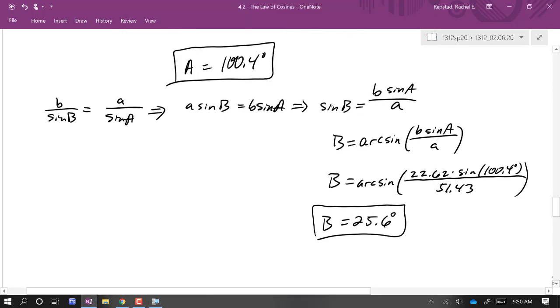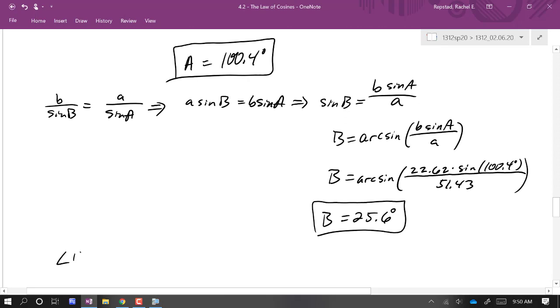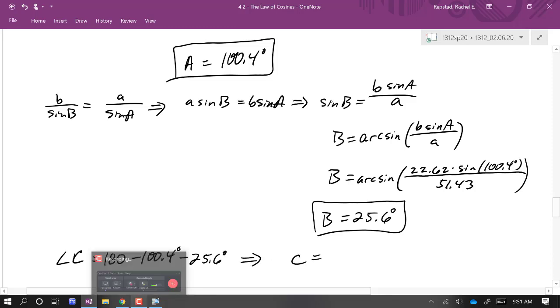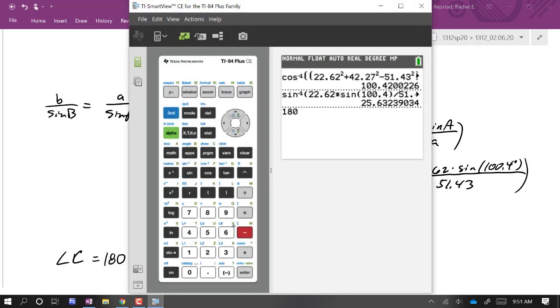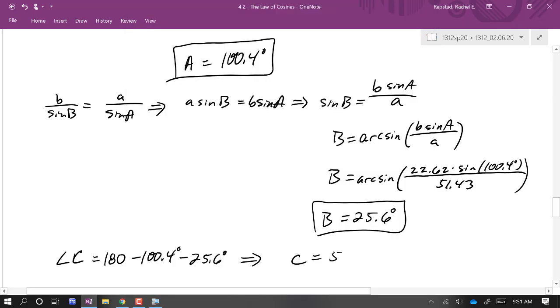We're just going to subtract from 180. 54.0 degrees.